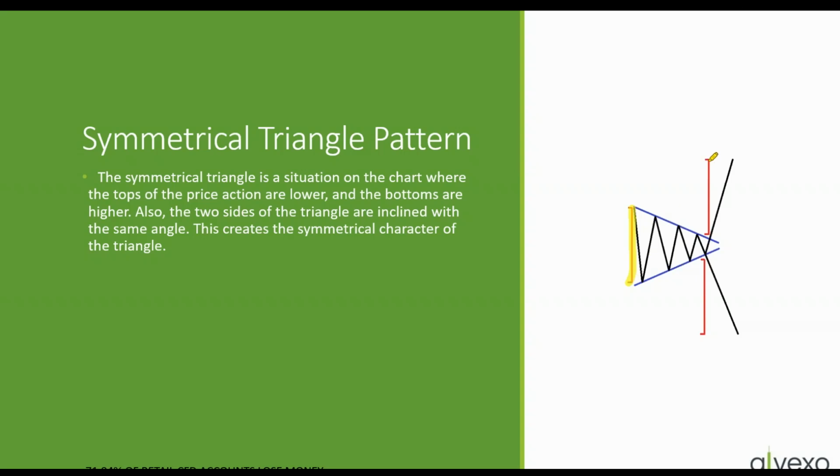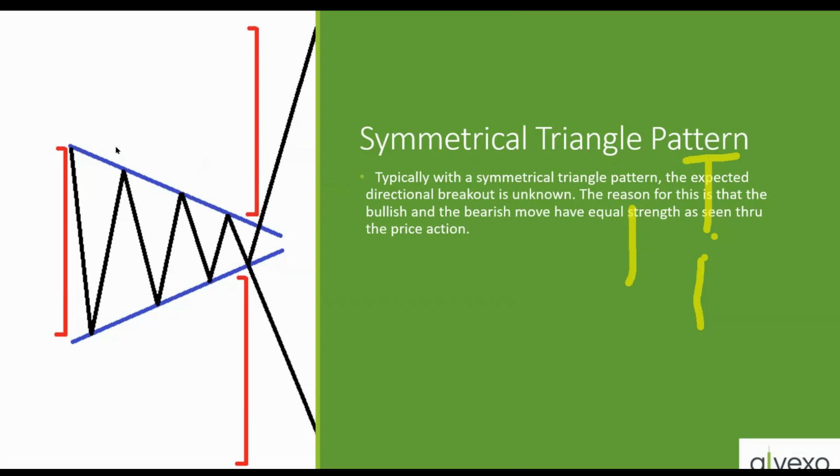But we could take the width of that base and apply it when we get the breakout, because we have no idea whether it's going to break up or down, to determine where we would set our target. Now, a target point is very, very important because you need a good target point in order to calculate your risk-reward ratio, to see if you can actually make that trade based on your risk management and whether you want to make that trade.